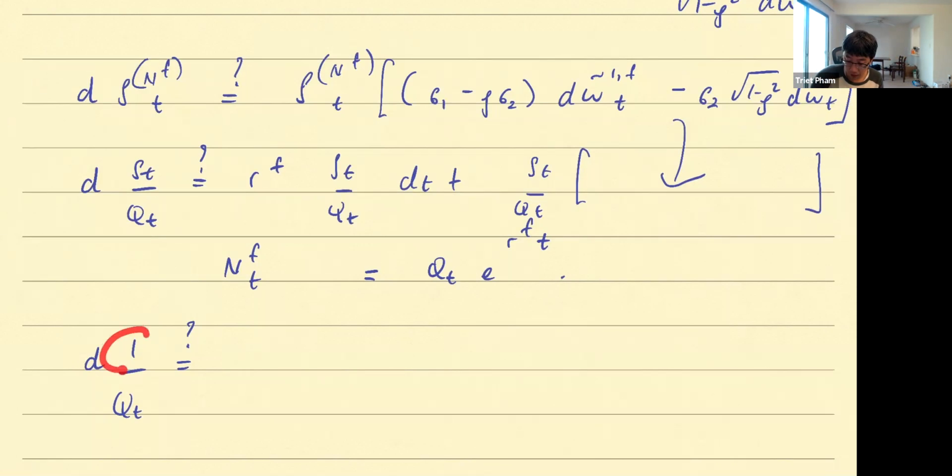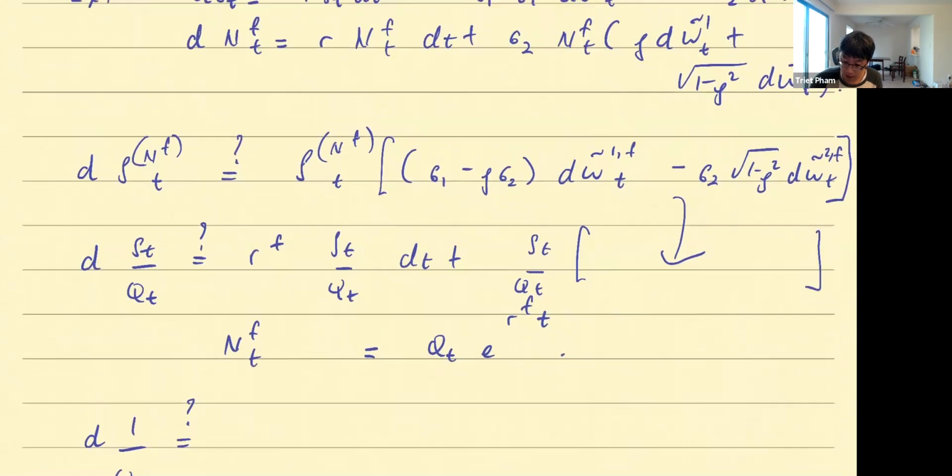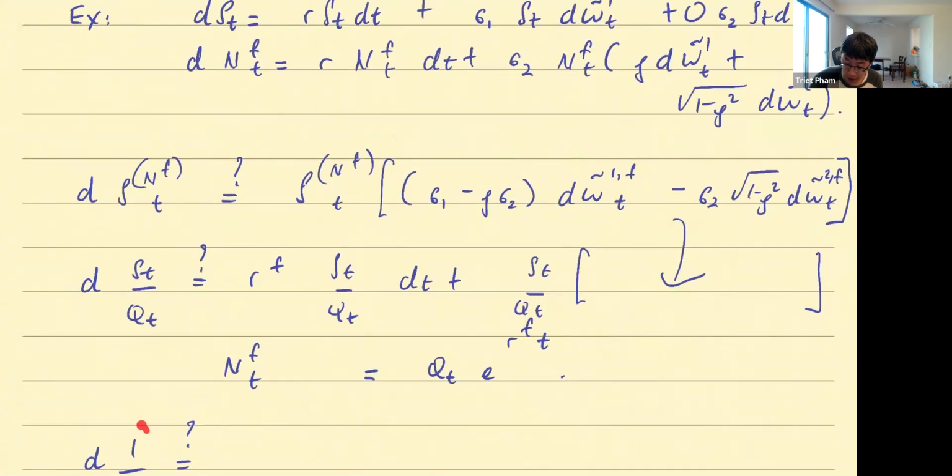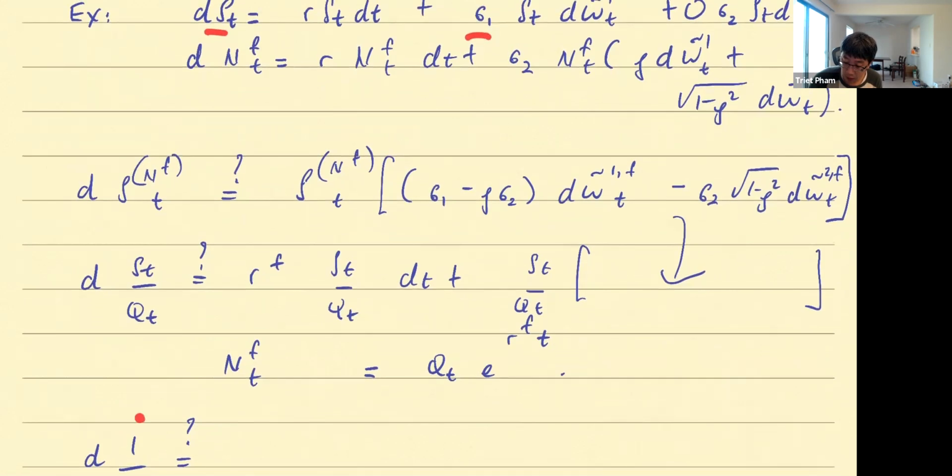Well, let's compare this and this. So how is 1 different from S? Well, 1 is different from S in 2 ways. S has sigma 1. So 1 is obviously cash, I guess. S has sigma 1. Cash has no sigma 1. So the sigma 1 should be 0.